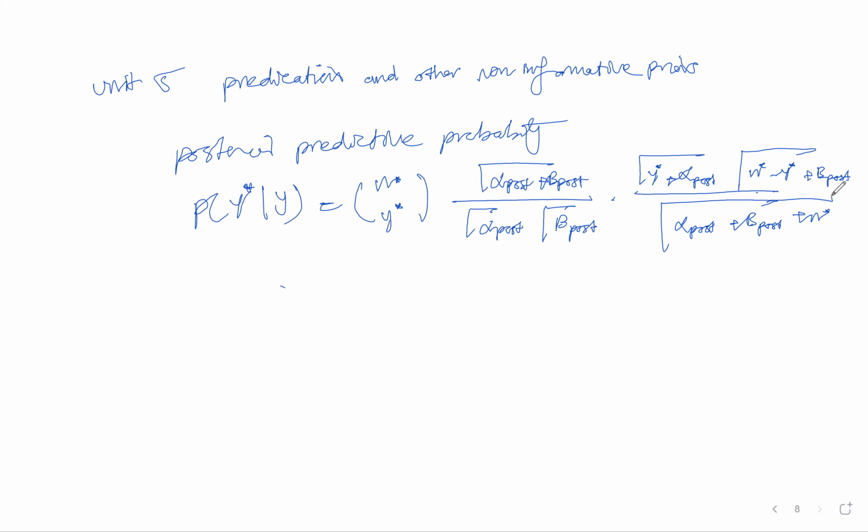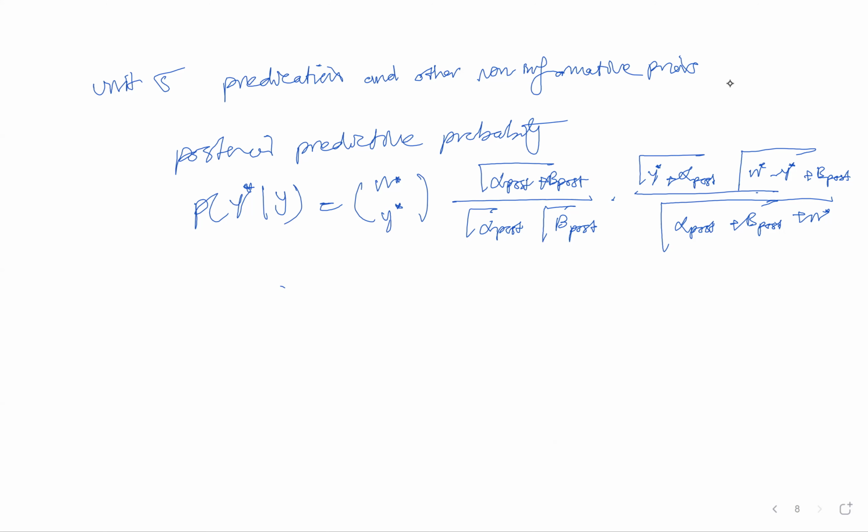I know the formula is big, but I do not ask you to memorize any formula. If I say I'm going to select a sample of size N star, I didn't select it yet, what is the probability that I will find Y star successes, given that my posterior distribution has alpha posterior and beta posterior?